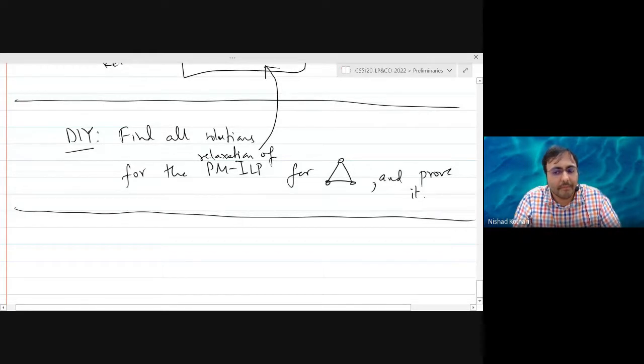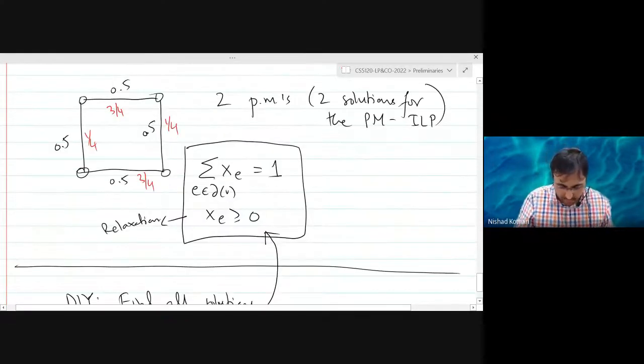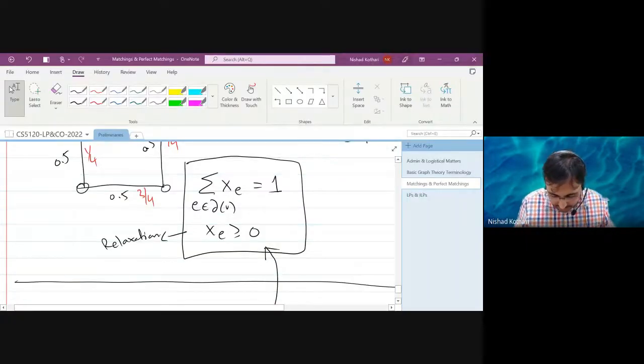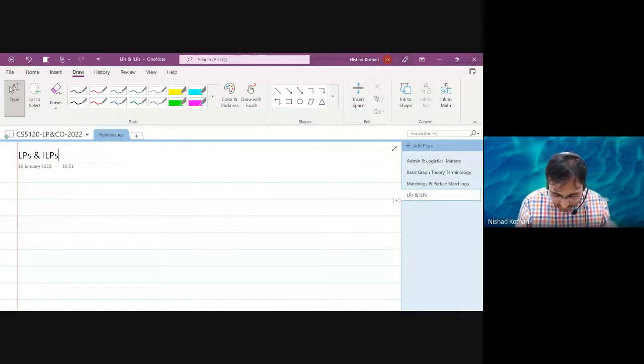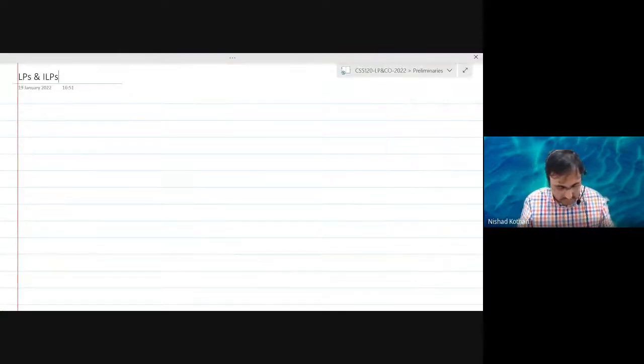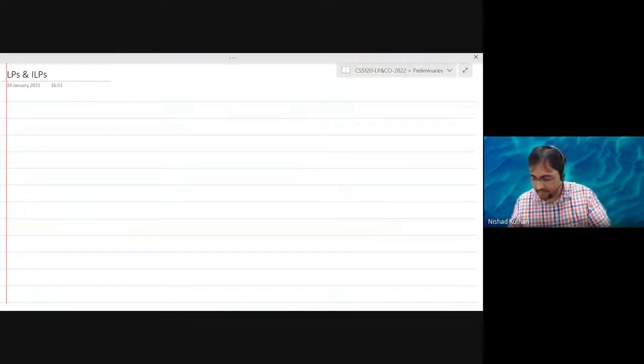All right. So we have been talking about LPs, ILPs, and all a bit just by this example. I want to make things precise, so let's do that. Okay.